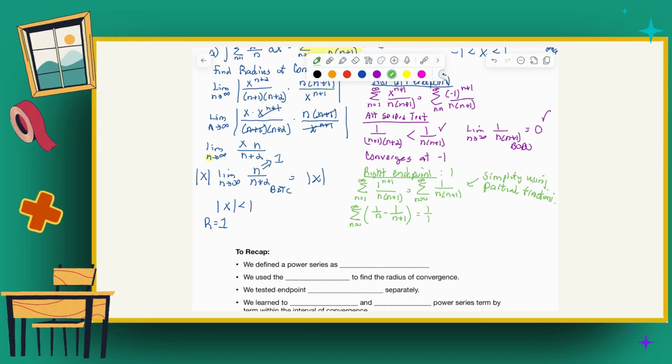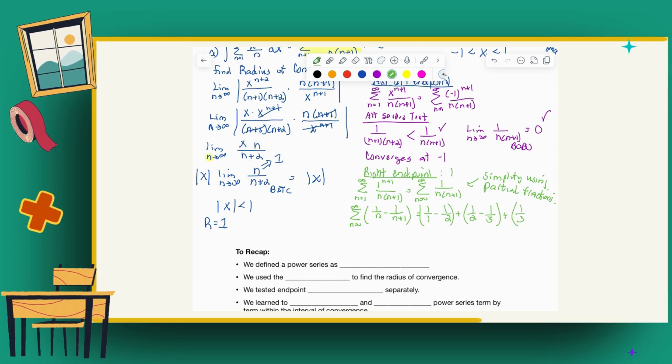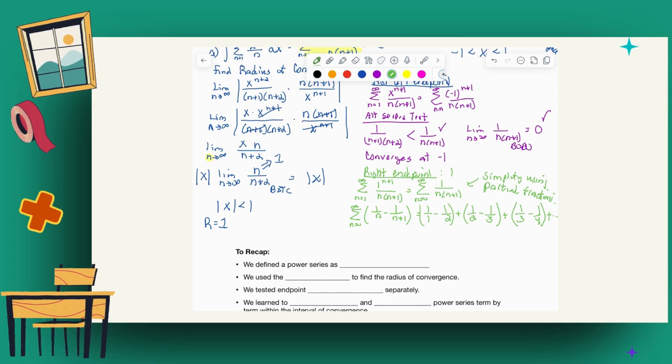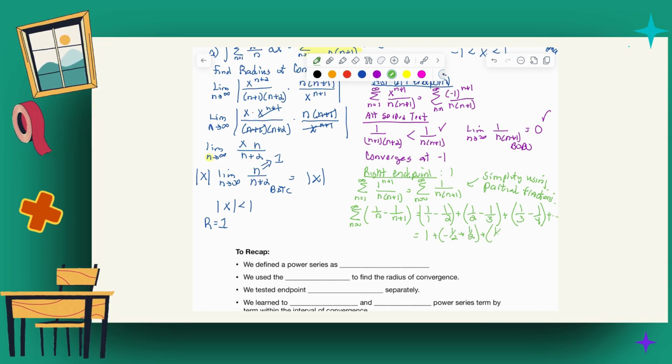Now I'm just going to expand out the first few terms so I can see what's going on here. When n equals 1, I get 1 minus a half. When n equals 2, I get 1/2 minus 1/3. When n equals 3, I get 1/3 minus 1/4, etc. If I rewrite these and regroup my terms, I see I have 1, then negative a half plus a half, that cancels out.